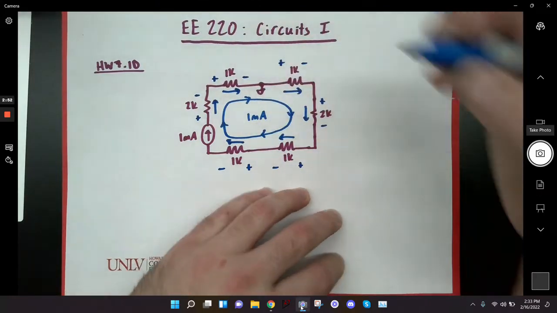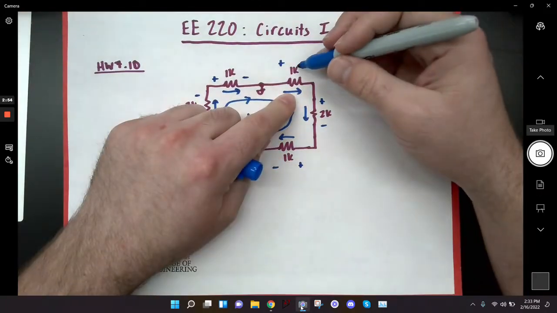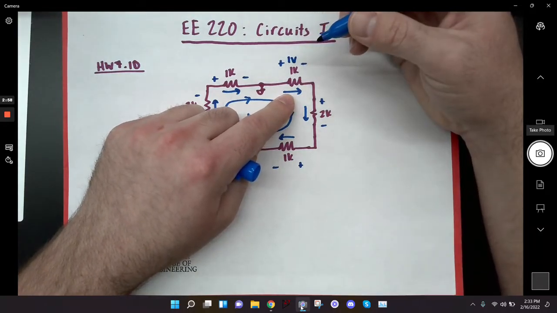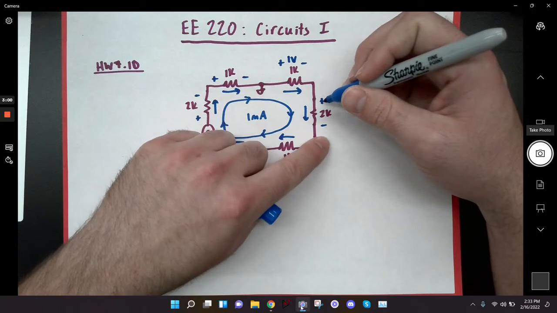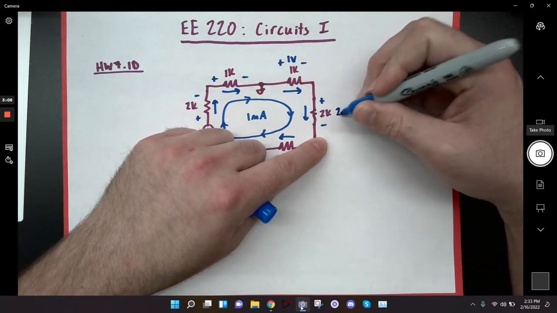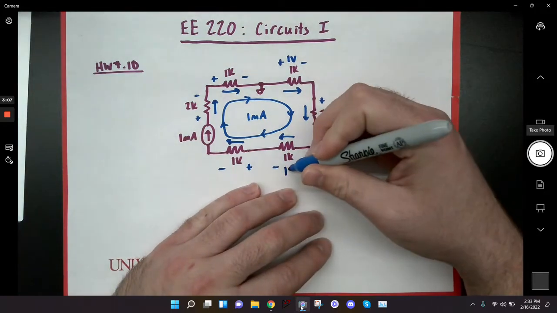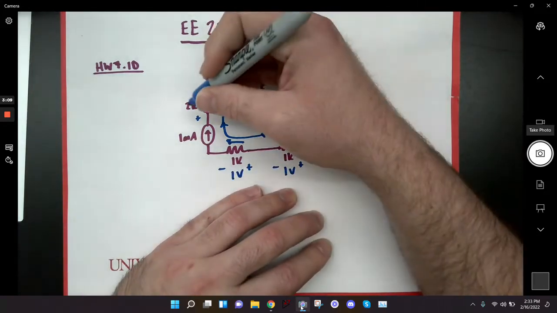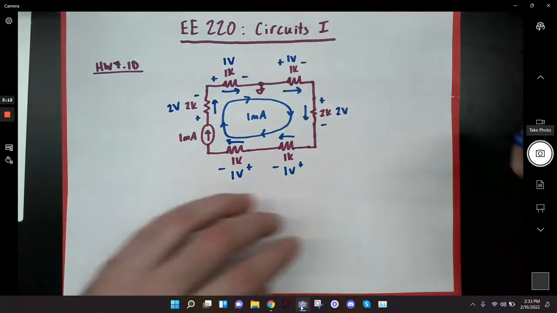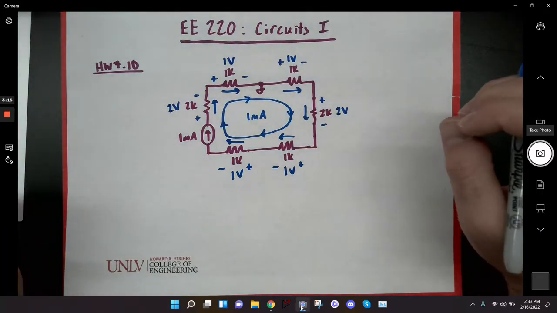And there. And now 1 milliamp times 1K gives me 1 volt, right? Then here, 1 milliamp times 2K gives me 2 volts. This one gives me 1 volt, 2 volts, and 1 volt. Those are the voltage drops across all the resistors.